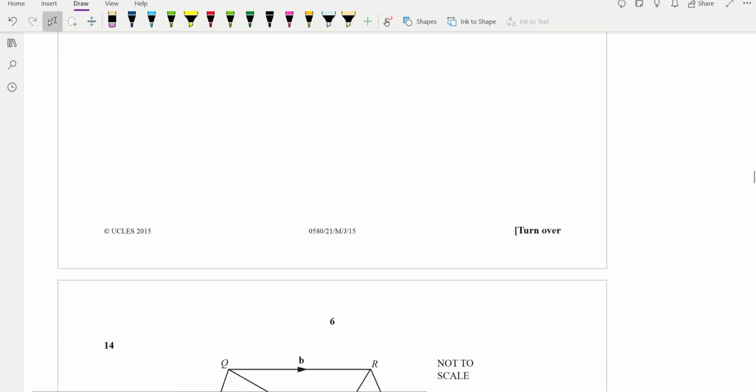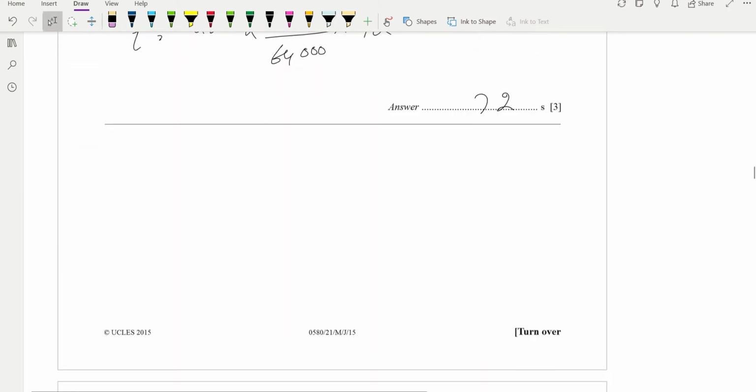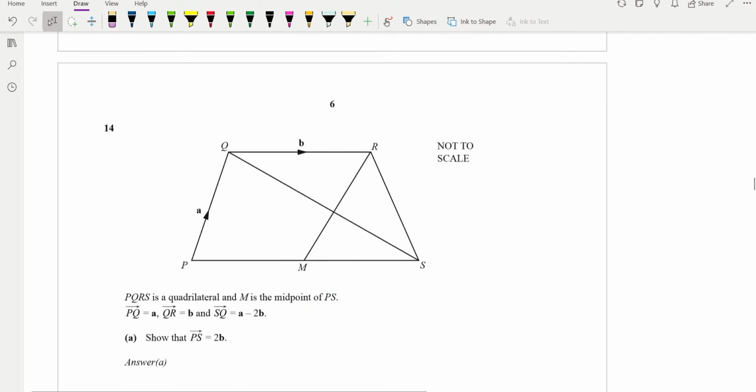And next is question number 14. Question 14 is a vectors question with a diagram provided. PQRS is a quadrilateral and M is the midpoint of PS. PQ is equal to a, QR is equal to b, and SQ is equal to a minus 2b.